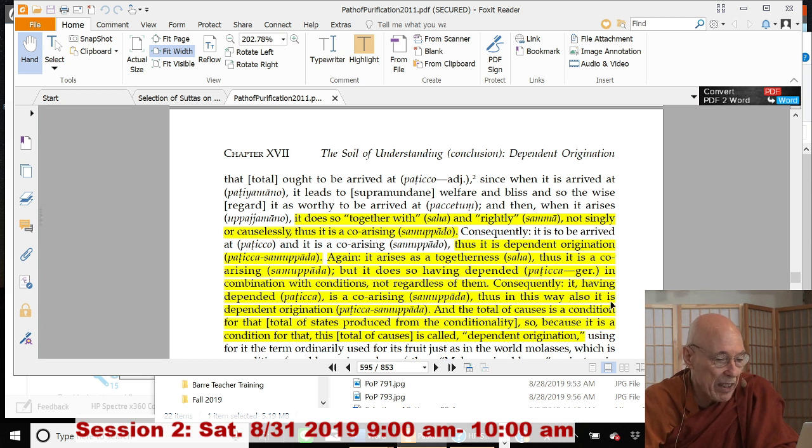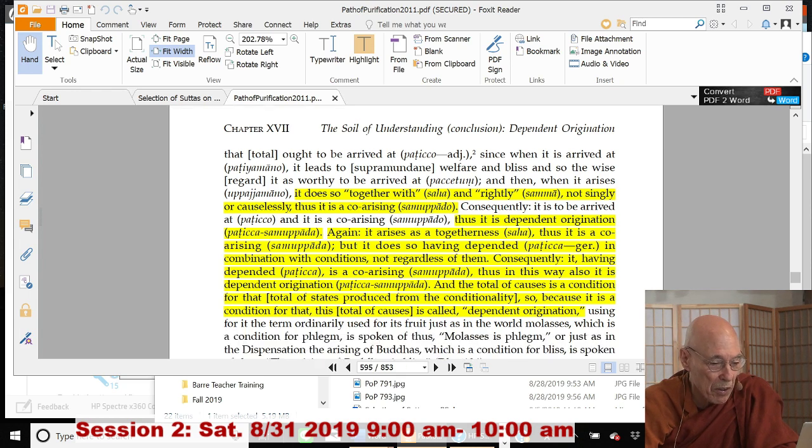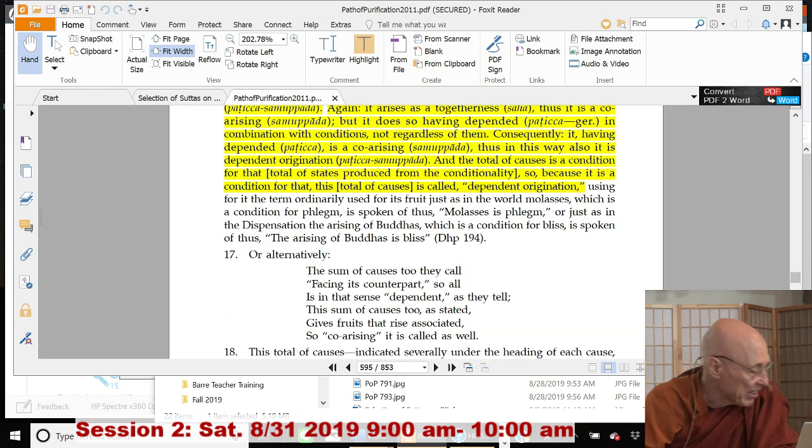Thus, in this way, also it is dependent origination. And the total of causes is a condition for that total of states produced from the conditionality. So because it is a condition for that, this total of causes is called dependent origination.